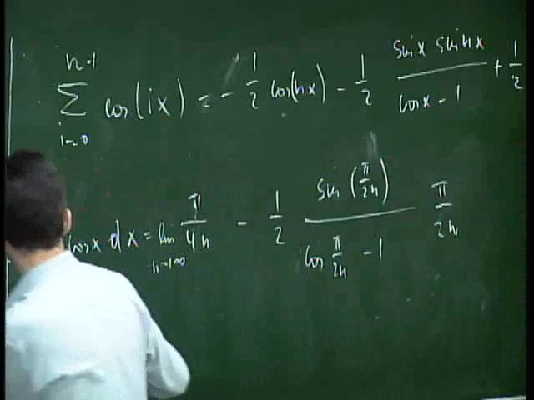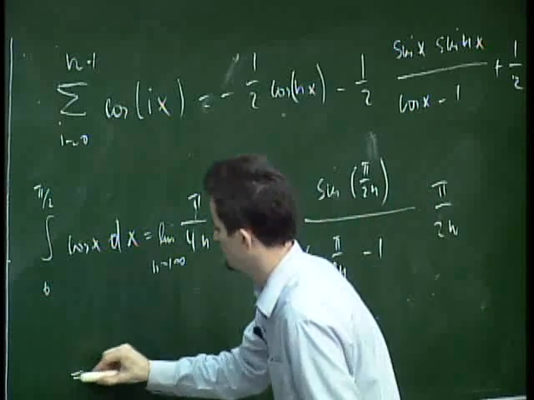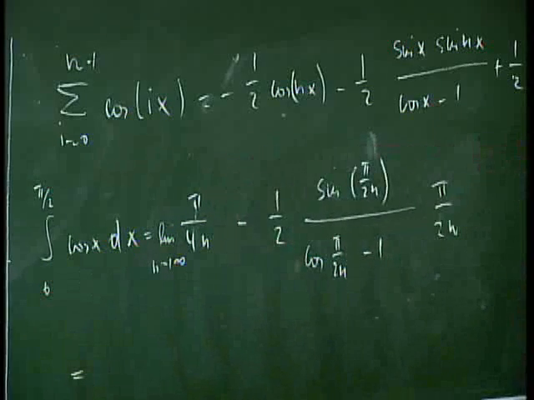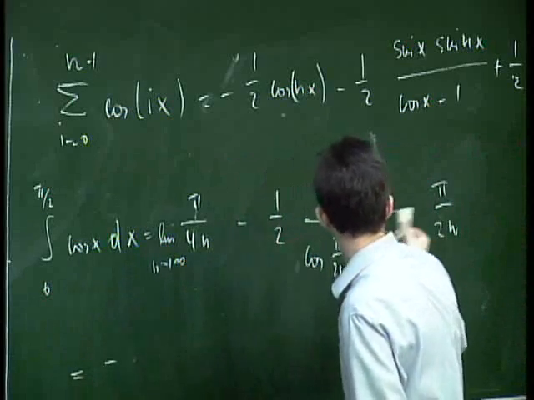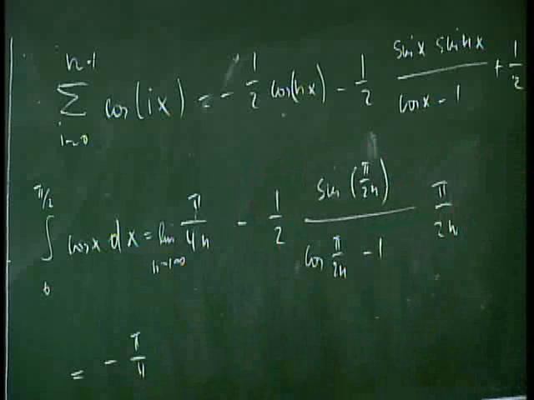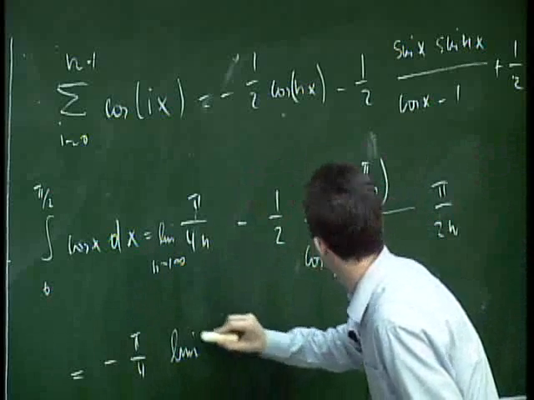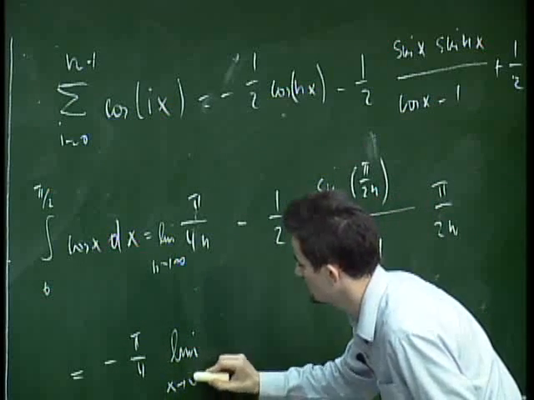So the first one is easy. The first one is 0. Now, for the rest, we have minus. Let's just take out the constant pi over 4. And then we have the limit. So n tends to infinity, so this means x tends to 0.